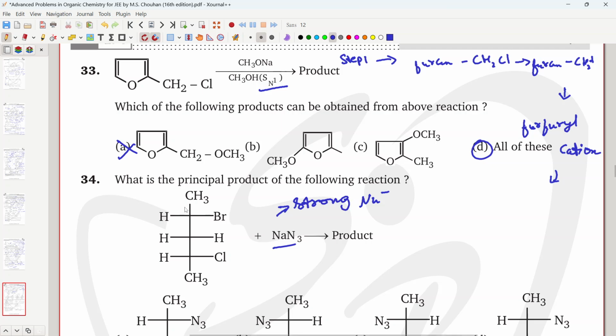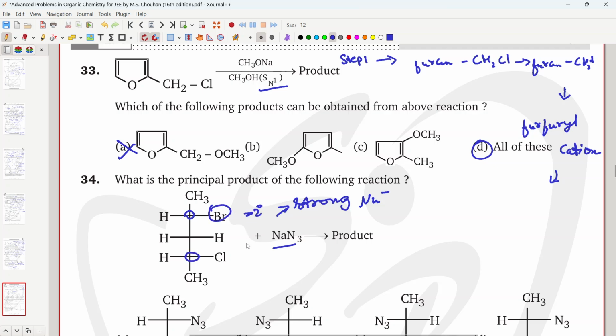The top carbon is secondary. Bottom carbon, wait, sorry, yeah, my bad. Yeah, the top carbon here and the bottom carbon here.